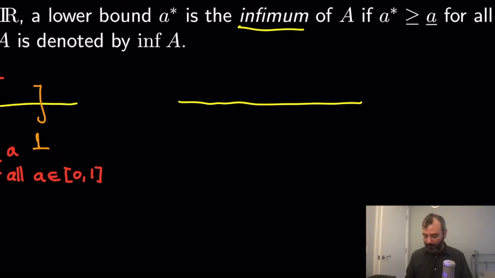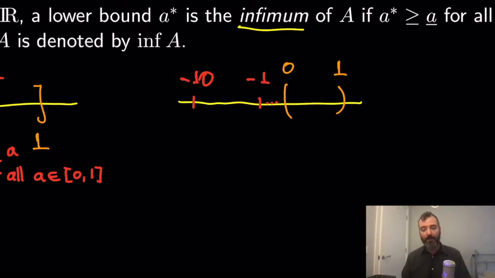Now let me give you another example. Take the set from 0 to 1, but this time the limits are open, so 0 is not an element of the set. Then again, minus 10 is a lower bound, minus 1 is a lower bound, and so forth. How close can I go to the set? Can I go up to 0? Yes, of course I can go up to 0.